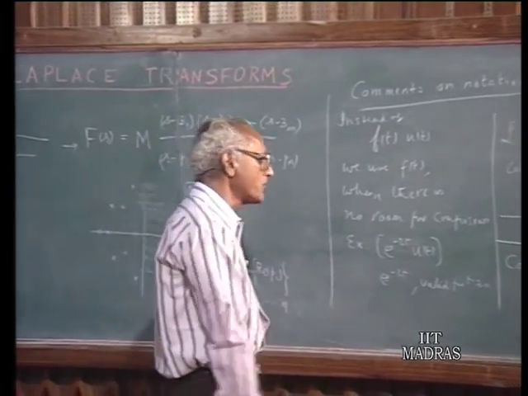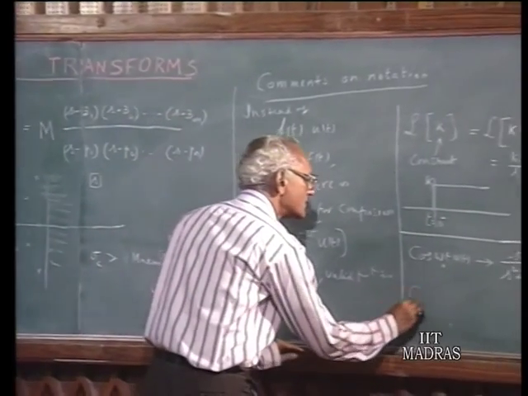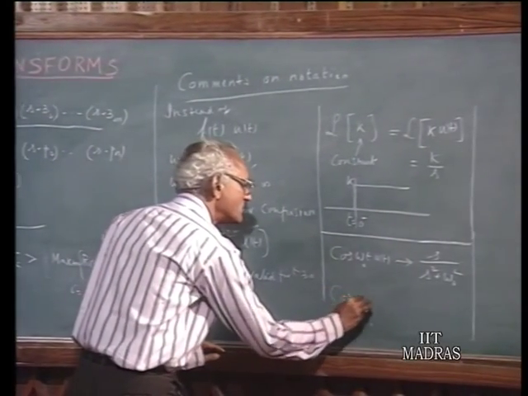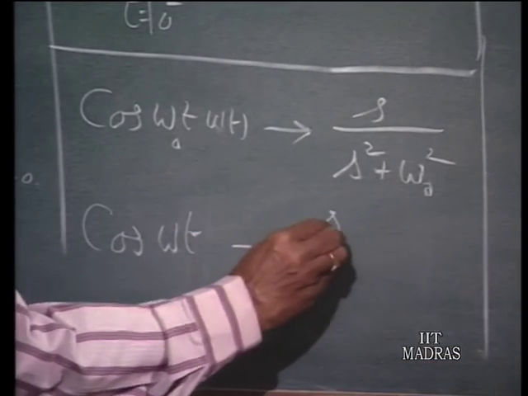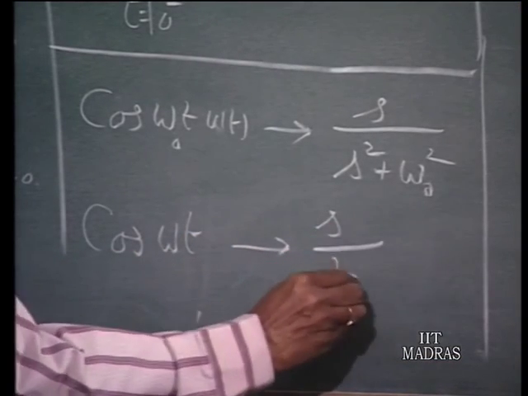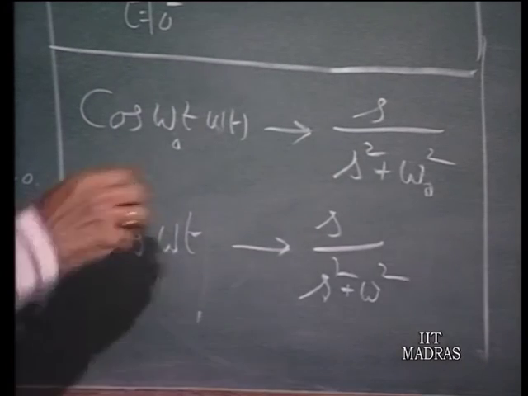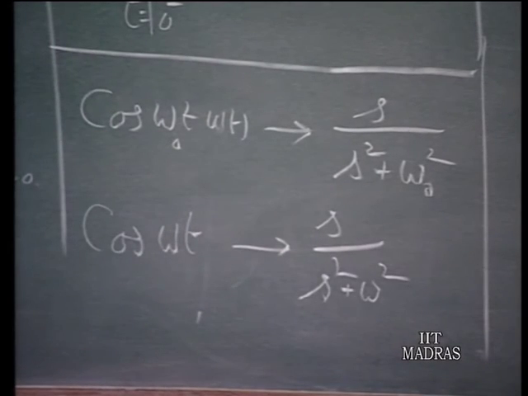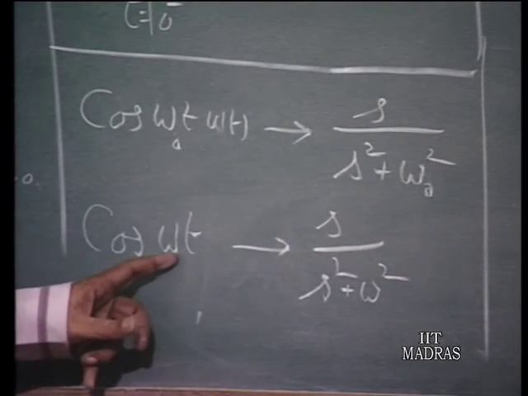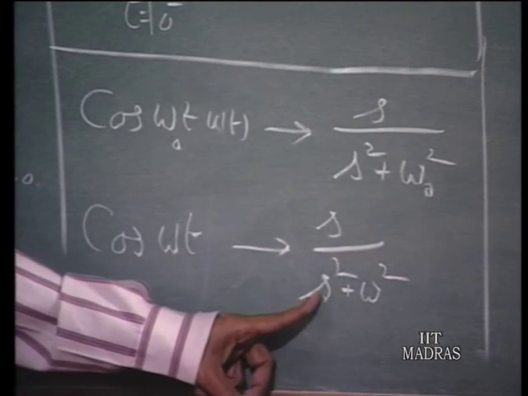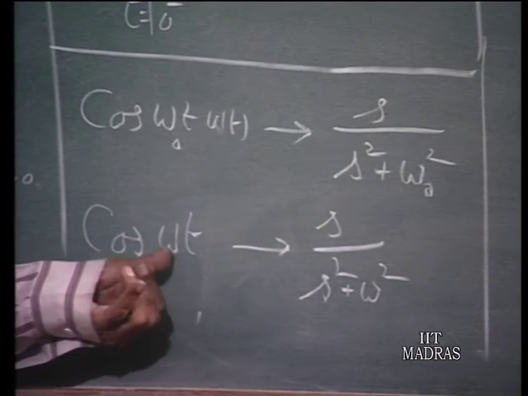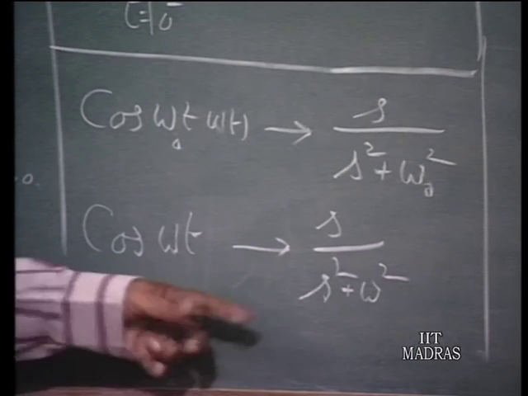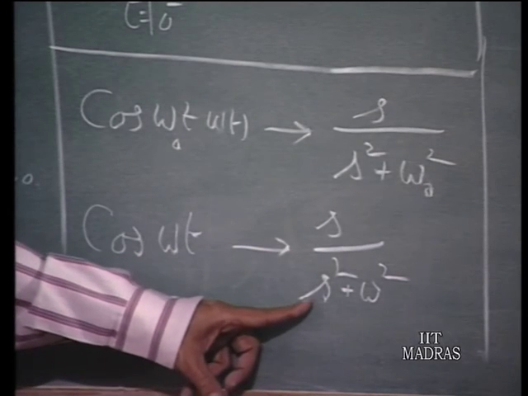So where there is no confusion, we even write simply cos omega t having a Laplace transform s over s squared plus omega squared. Often this is written in this manner. In this notation we understand that this omega is not to be confused with the imaginary part of s. This omega is a particular value of omega associated with the trigonometric function.